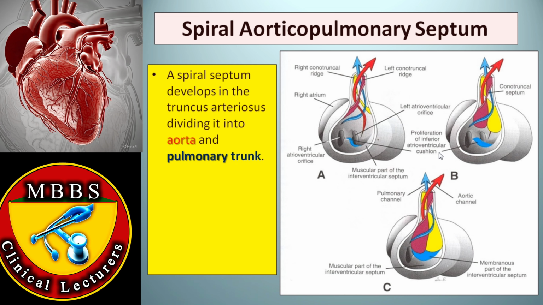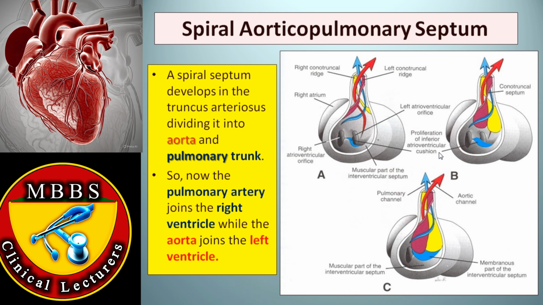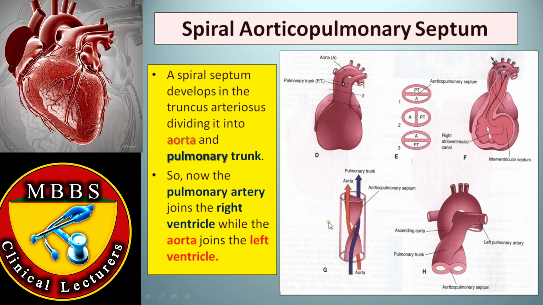A spiral septum develops in the truncus arteriosus, dividing it into the aorta and the pulmonary trunk. So now the pulmonary artery joins the right ventricle while the aorta joins the left ventricle.